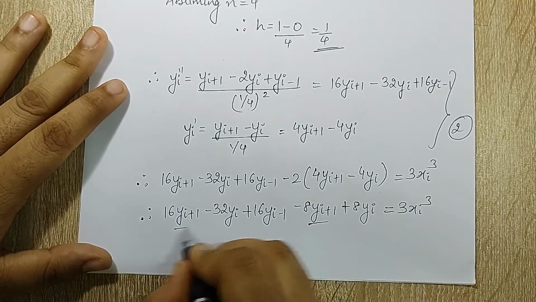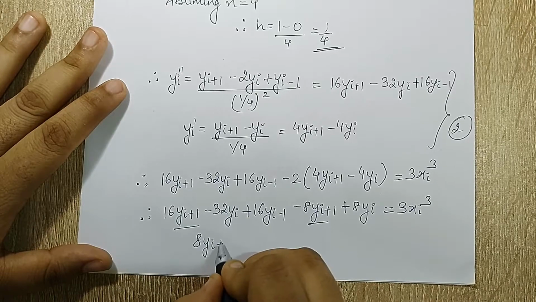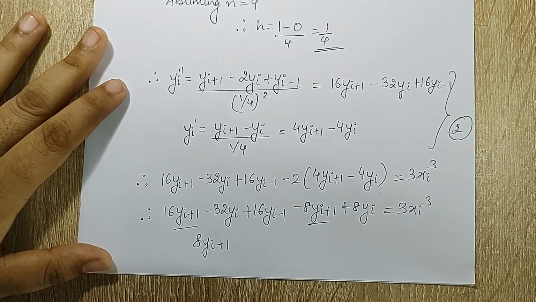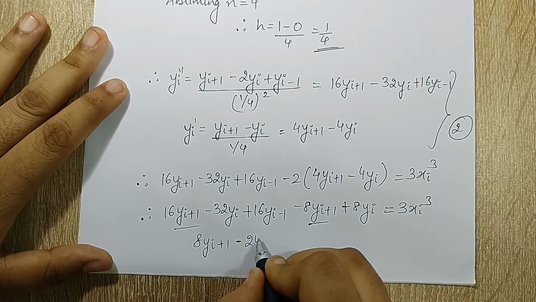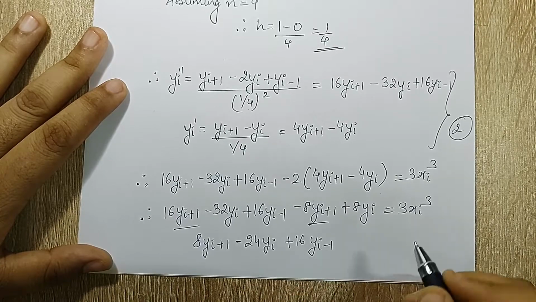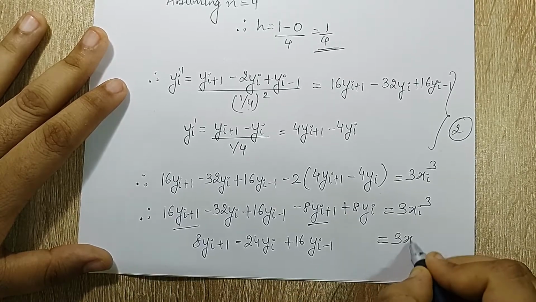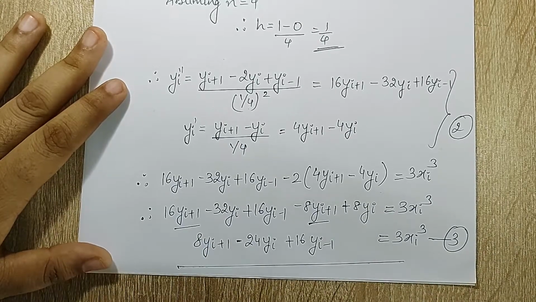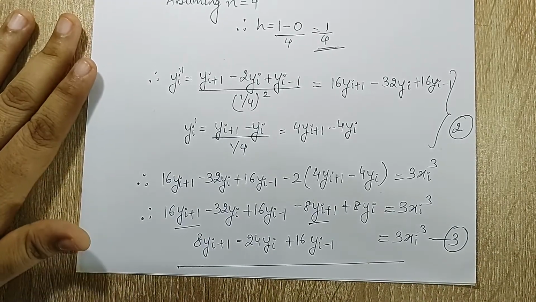So this will make it 8 yi plus 1. Next these two terms can also be solved together and I'll get minus 24 yi. Lastly 16 yi minus 1, and this will be equal to 3xi cube. This is my equation 3. This is my main equation in which I am going to solve for various iterations.